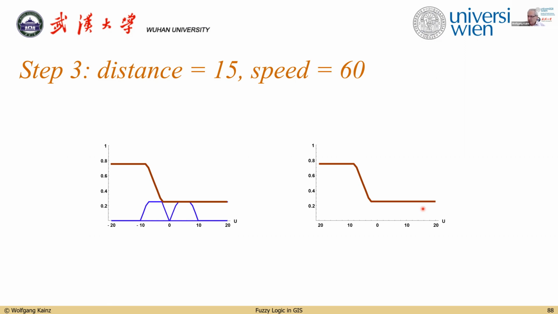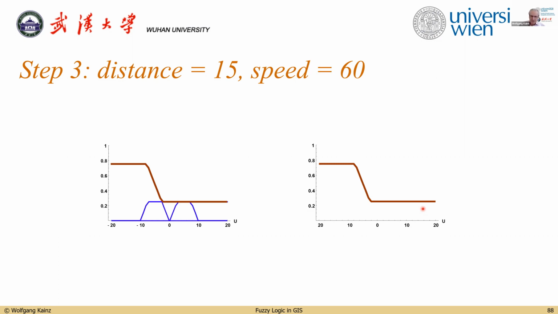And in step number 4, we say we have to defuzzify our result. So we want a single value, and we do that. There are several methods of doing it. We are doing it with this center of gravity method, giving us one single point, which is more or less the central point of this fuzzy set.